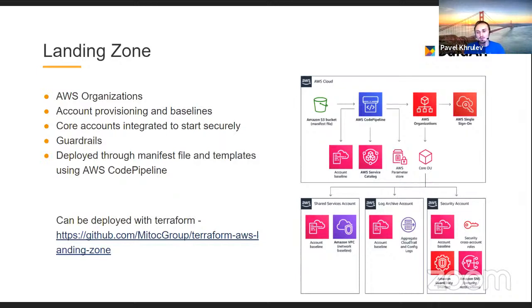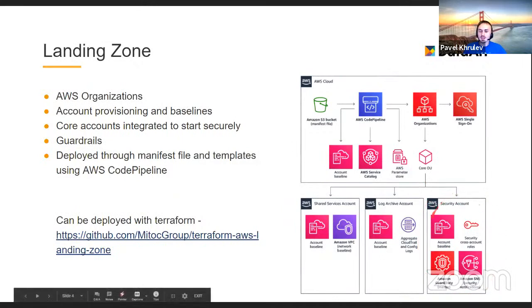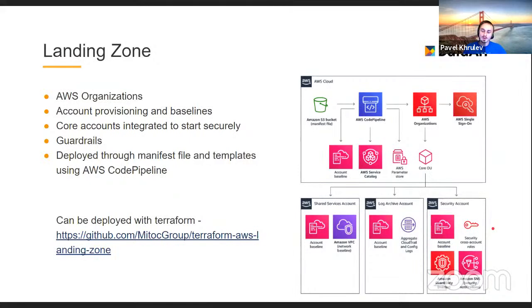It enables AWS Config and aggregates all AWS Config logs and records in just one account that you can use to audit your environment. Also, it creates a security account that allows you to assume cross-account roles to audit other accounts.